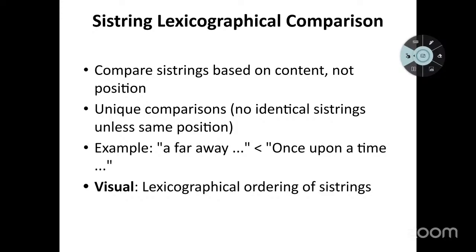You compare the same positions when you are not having similarities. If you are having similarities, you will be having same positions, same strings, everything will be the same. So for example, if I take once upon a time.